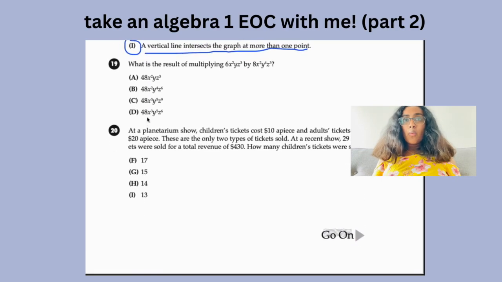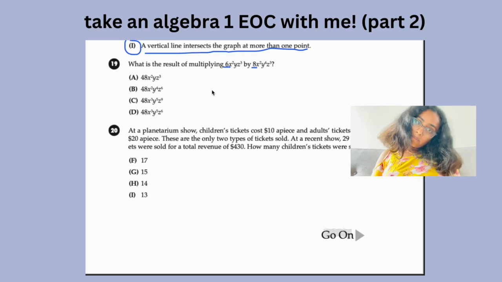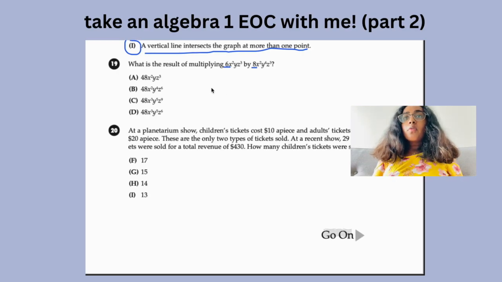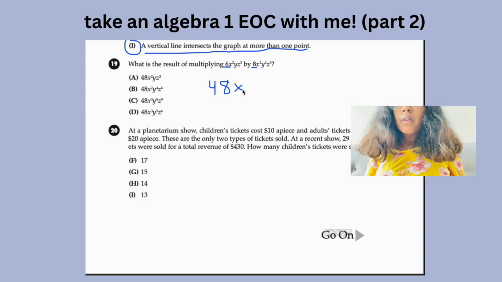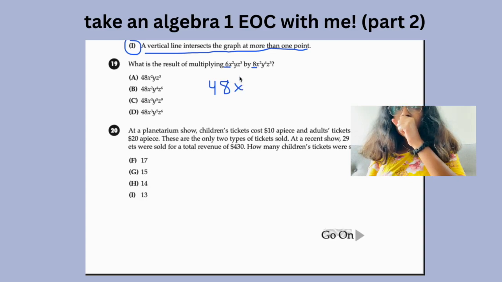Okay, next. What is the result of multiplying 6x squared yz cubed by this? I guess what we can do is just multiply each term separately. So we have 48, that's the first one, because 6 times 8 is 48. X squared times x squared, wait, hold on.